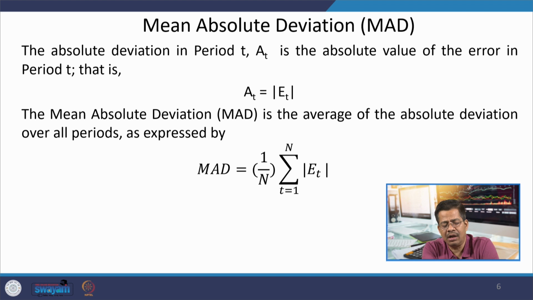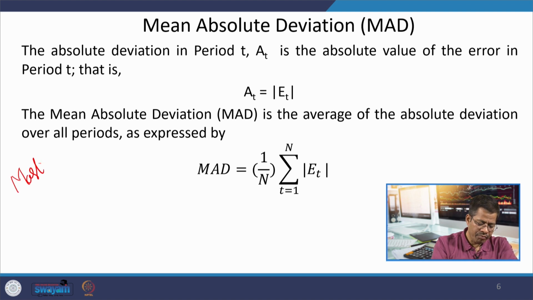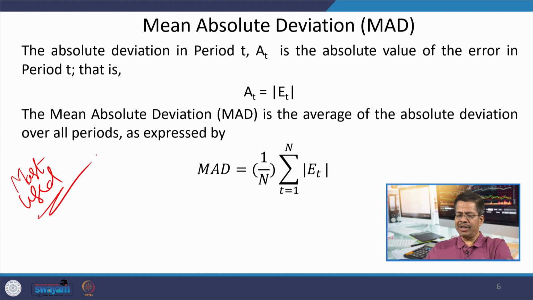We have another very commonly used method of forecasting error, that is mean absolute deviation, MAD, which is I think most used. Now, what we are doing, we are actually taking only the absolute value of the forecasting error.